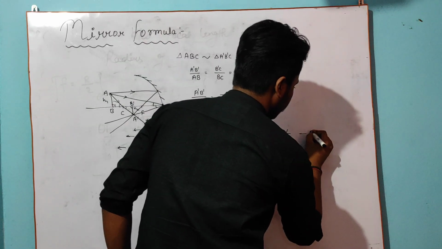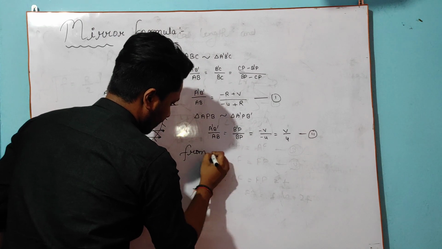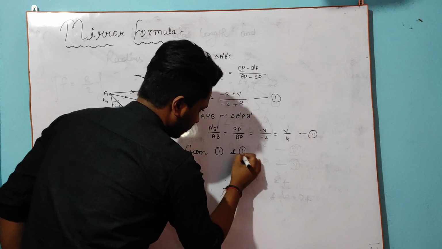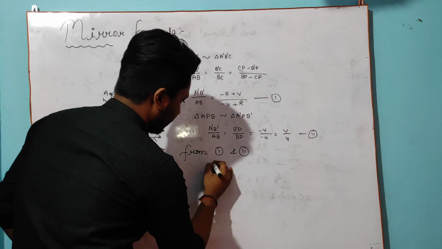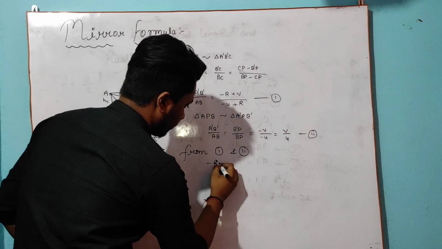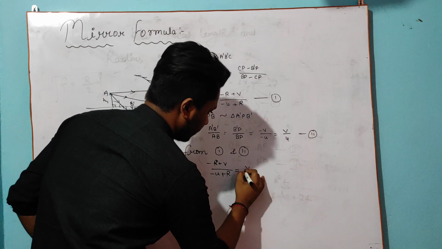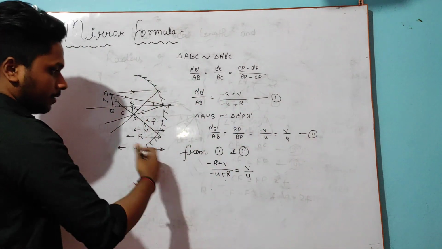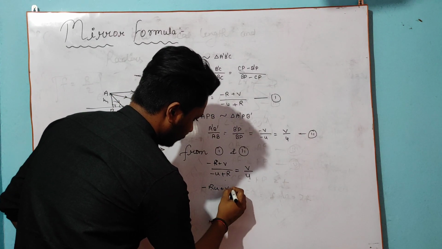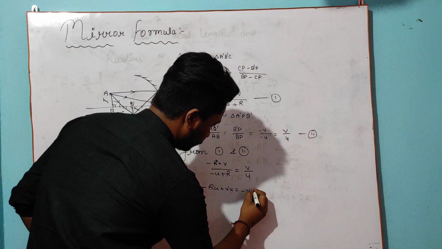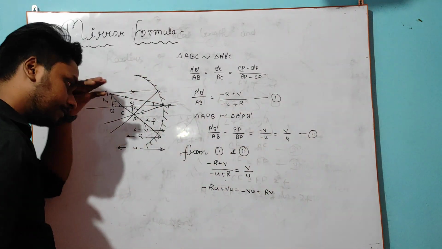Now from equations 1 and 2, the left hand sides are equal, then minus R plus V upon minus U plus R is equal to V by U. Doing cross multiplication, minus RU plus VU is equal to minus VU plus RV.